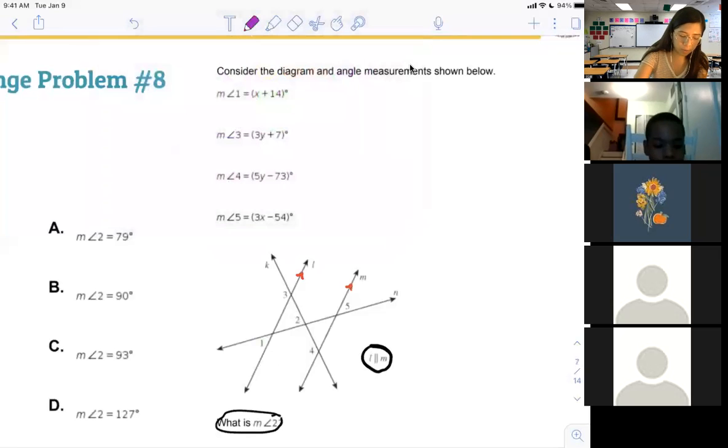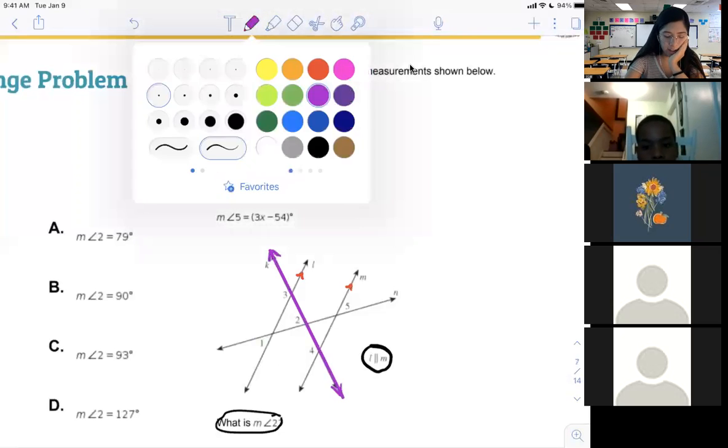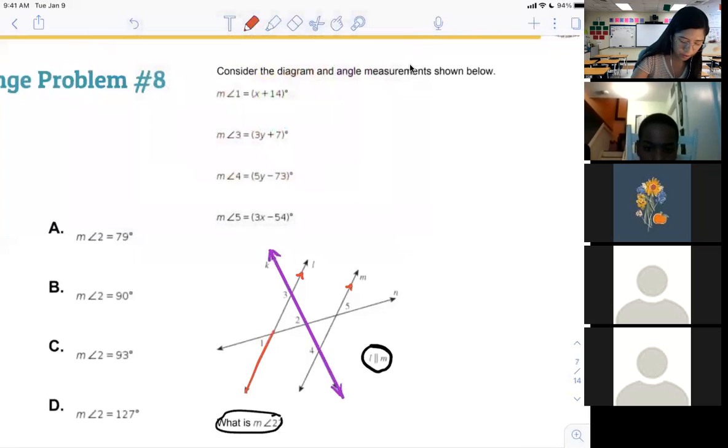Let's focus only on K as the transversal. So ignore line N for a minute. Just look at line K and the two parallels. Would 3 and 4 be alternate interior? What are 3 and 4 to each other? Look carefully.